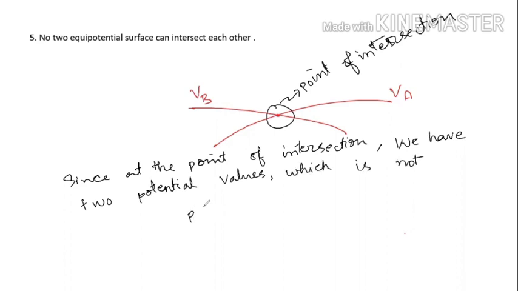It is not possible. That is why no two equipotential surfaces intersect each other. So these are the 5 properties of equipotential surfaces.